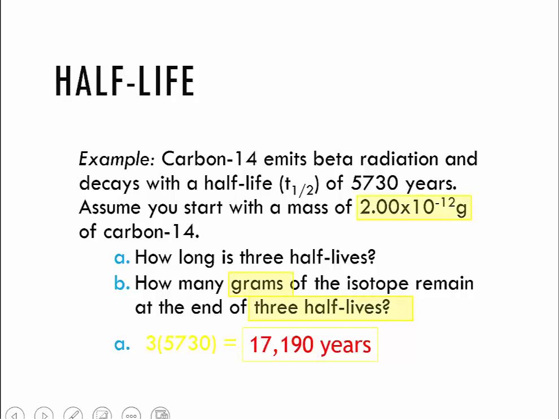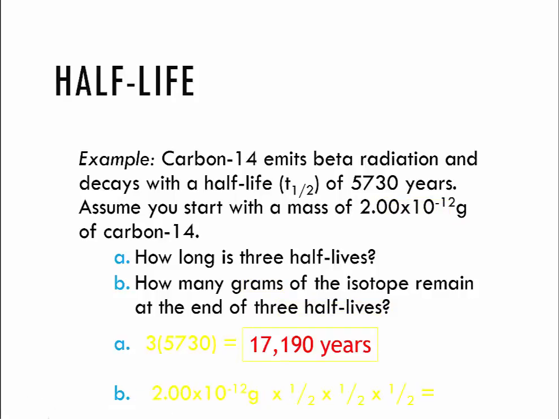And then the second question says, how many grams of this isotope will remain at the end of 3 half-lives? So this takes the 17,190 years, but we're only going to cut this in half 3 times, because it's 3 periods of time that it has gone through that half-life reduction. So we can do this a couple different ways.